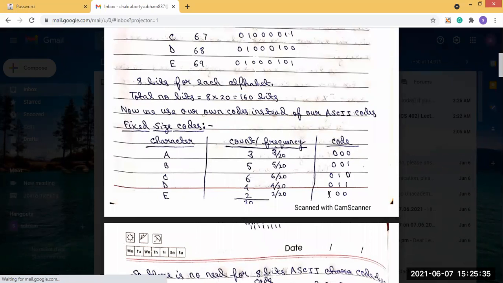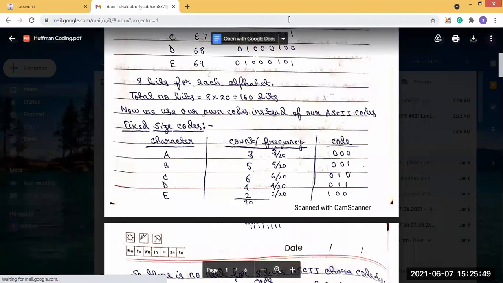So the message should be sent, and along with it the table should also be sent. How many bits will be required for this table?